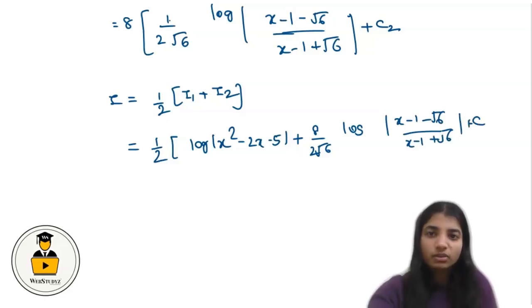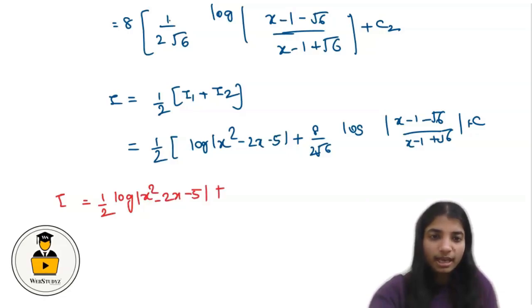So we are going to multiply this 1 divided by 2 inside the bracket. So this is equal to 1 divided by 2 log of mod of x raised to the power 2 minus 2x minus 5, plus 8 divided by 4, which becomes 2 divided by root 6, log of mod of x minus 1 minus root 6 divided by x minus 1 plus root 6, plus c.